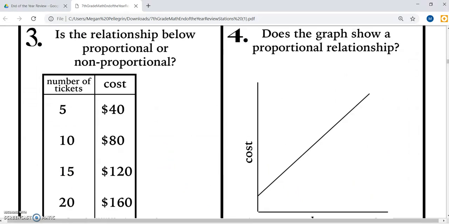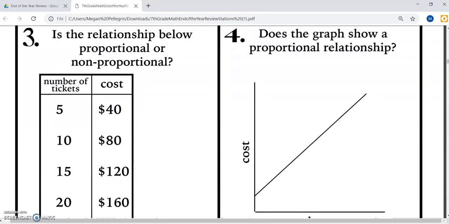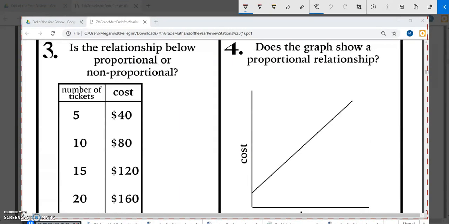Okay, number 3, is the relationship proportional or non-proportional? So when I'm looking at my proportions, my book, oh, we took that in our other notes, our other homework notes. So when we're dividing, this is our x and this is our y.